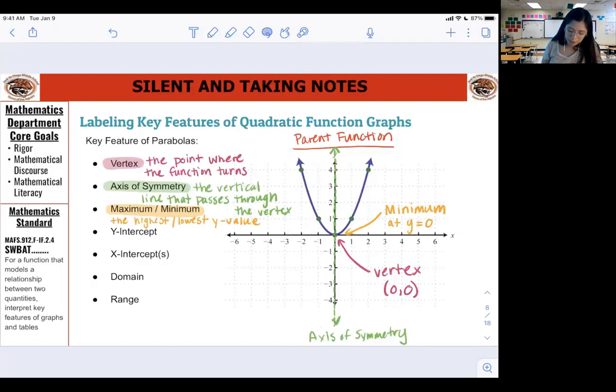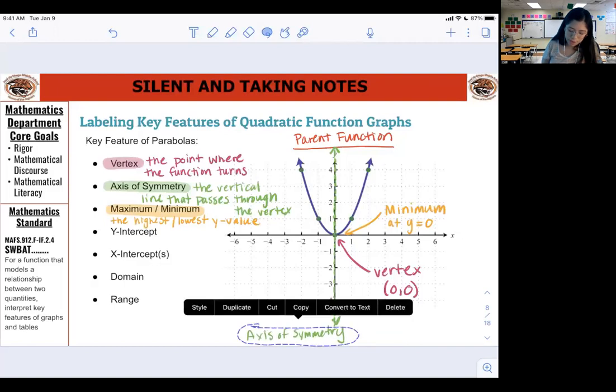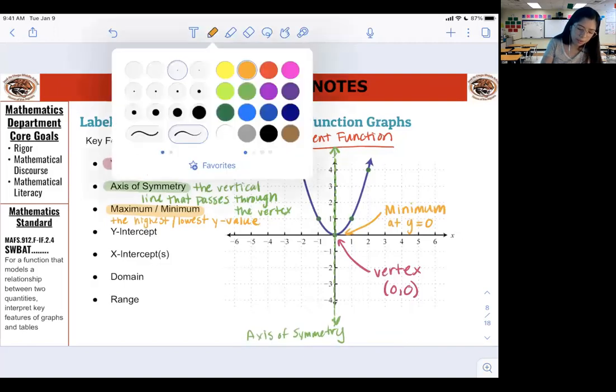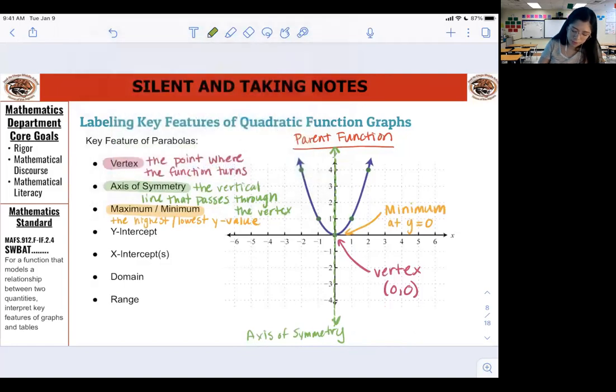Now I realized that I forgot to write where the axis of symmetry is located. So really quick, going back to that, the axis of symmetry, in this case, we talk about the x value. So max and min, the maximum and the minimum, is talking about y value. The axis of symmetry is talking about the x value.